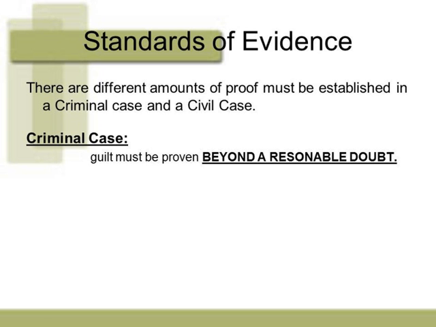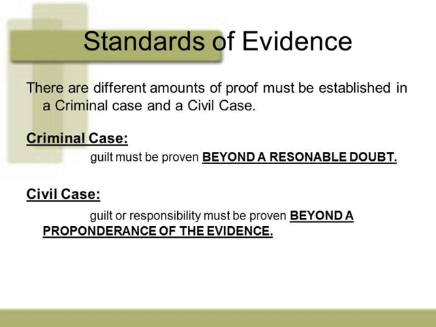Now, in a civil case, responsibility must be proven by a preponderance of the evidence. Basically, what that means is there simply has to be more evidence that I did it than that I did not. And if we're going to use, again, a percentage here, in a civil case, only 50.1% of the evidence has to show that I probably did it.